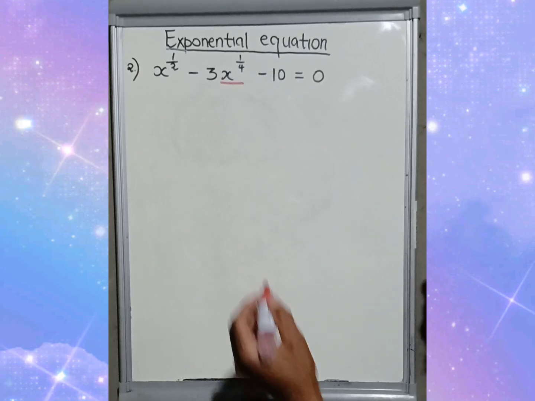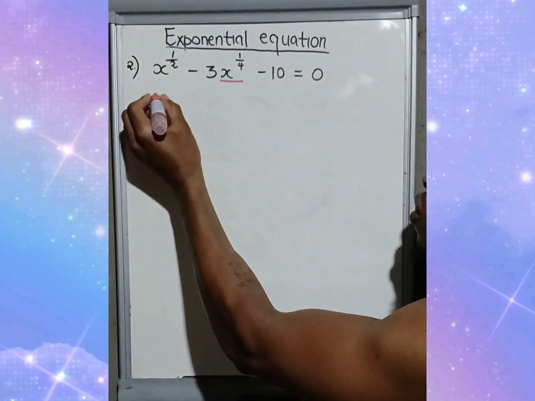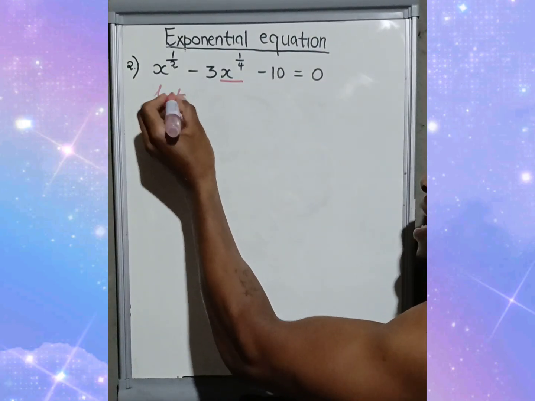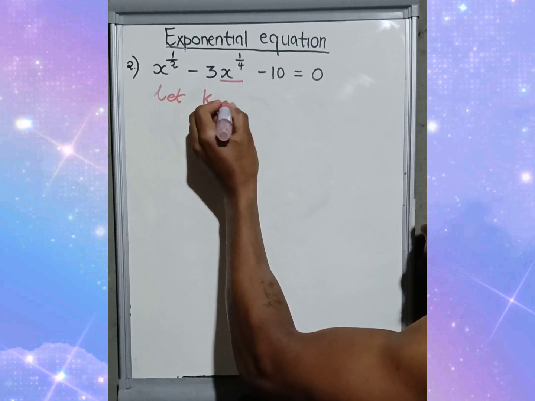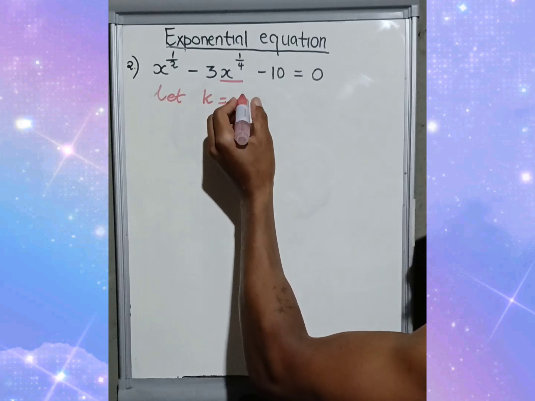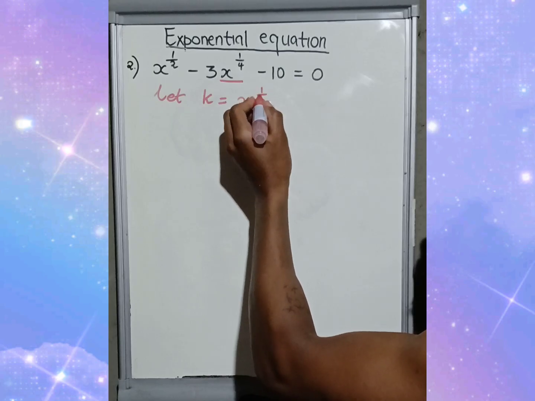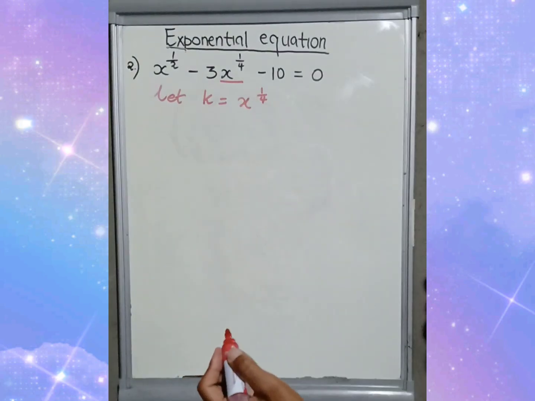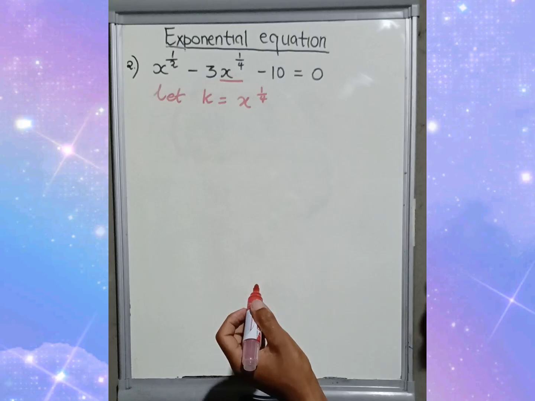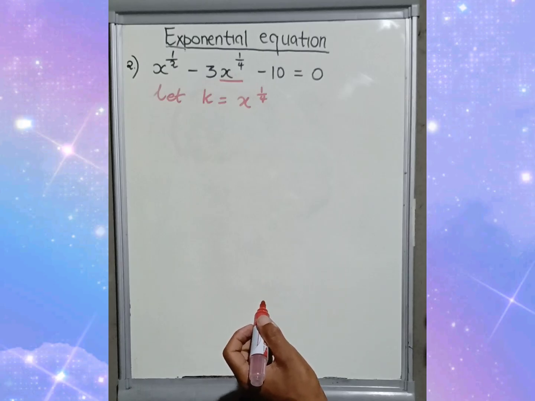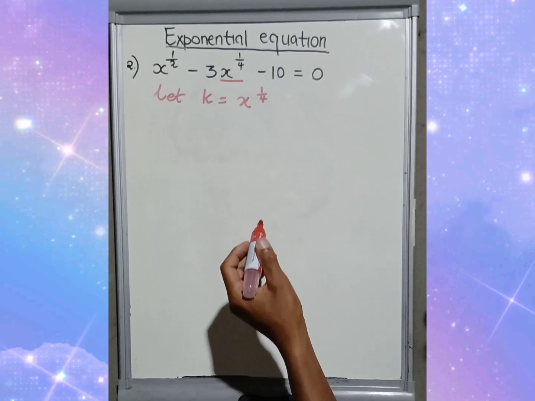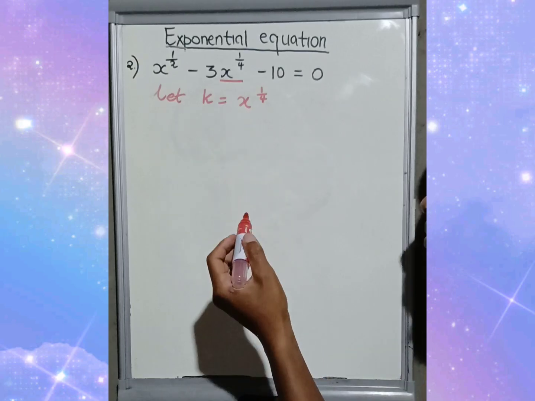Do you see that? The first thing you need to do, that is the rule: let k equal x raised to 1 over 4. That is the k method.